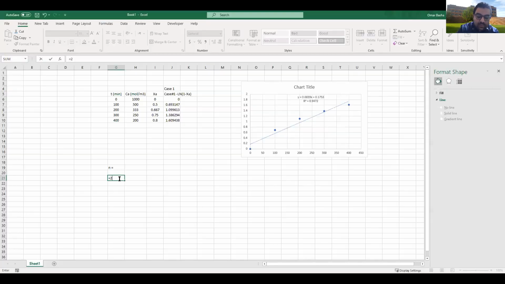So I'm gonna have 2 multiplied by 500 to the power 1 minus n, right? Minus 1000 to the power 1 minus n, minus 333 to the power 1 minus n, right?